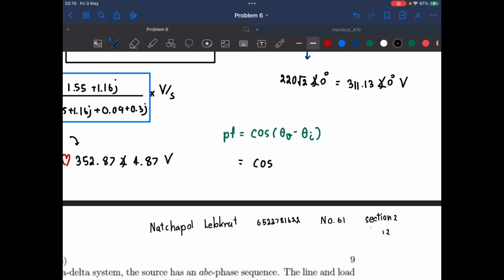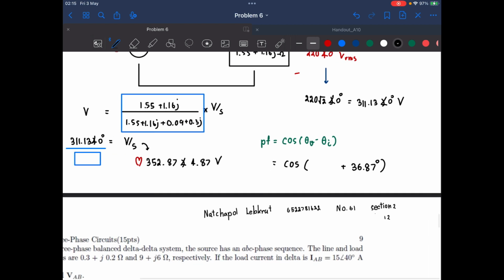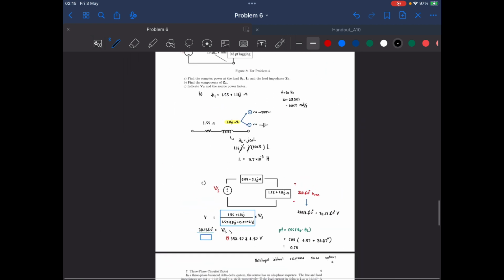So we go to cosine of plus and the theta V is here. So after the calculation, we got the power factor to be this value. And that's all for this question.